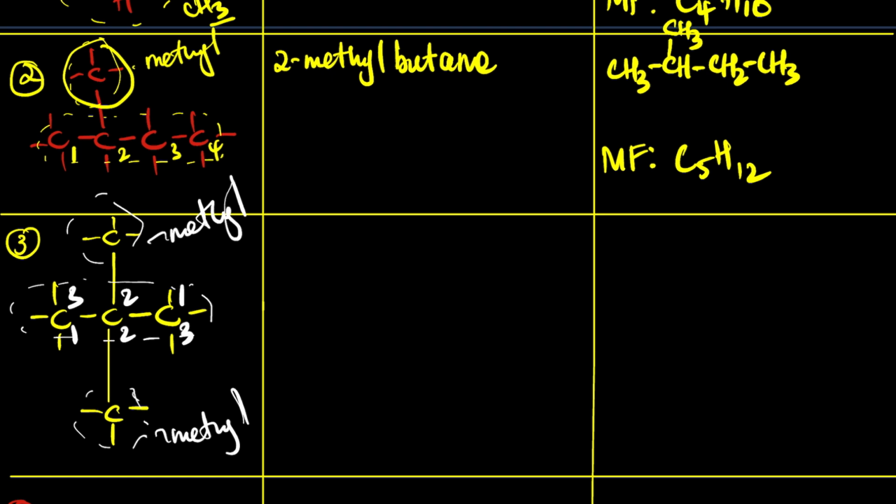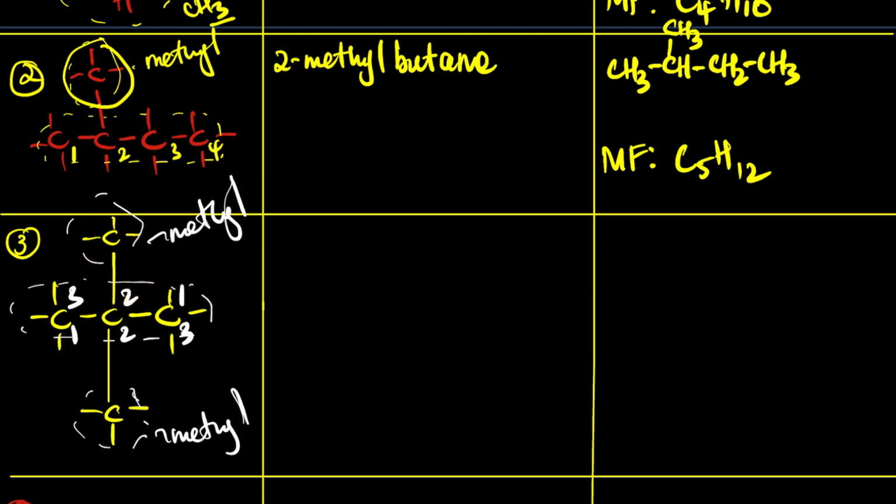So they are allocated on carbon 2. Even if you said this was your stem, it's going to be 1, 2, 3, or 1, 2, 3. Do you see? This will always be carbon 2. Even if your stem was this, it will be 1, 2, 3, or 1, 2, 3, right?